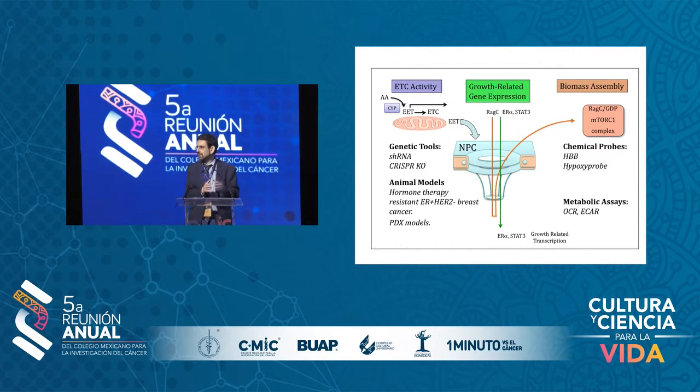So the working model that we now have is that the eicosanoids are providing this missing link between the mitochondria and the nuclear pore complex, and also the mTOR complex as well. So the idea then is that the EETs are accelerating the electron transport chain.